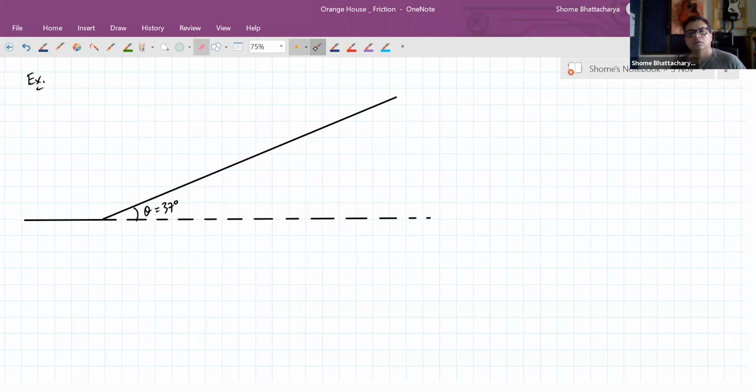And it's a rough surface with coefficient of friction given to us as a common value of 0.5.